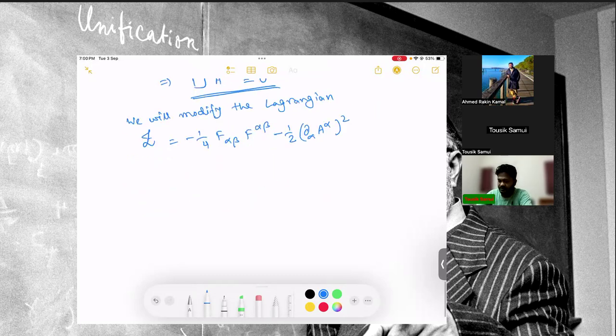So let me give it as an exercise that this modified L gives, through the Euler-Lagrange equation, ∂²A^β = 0.